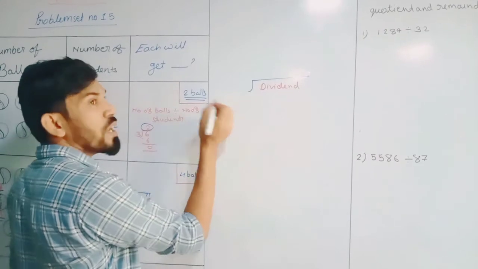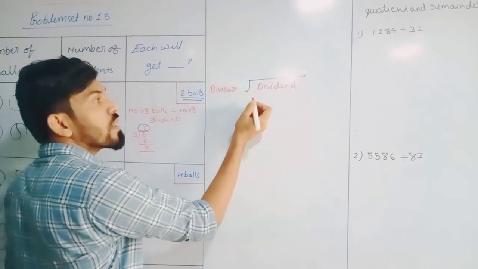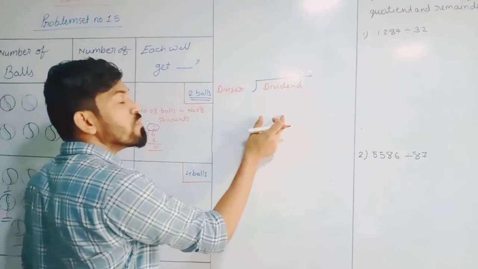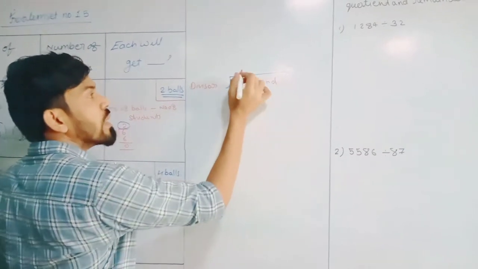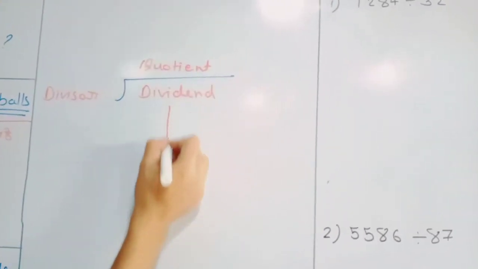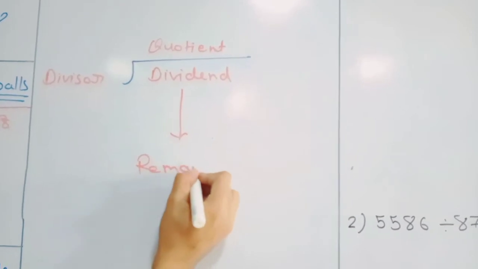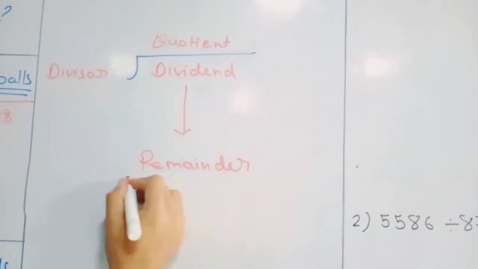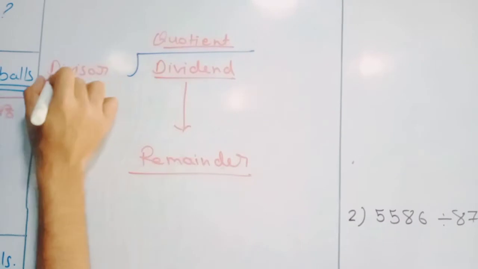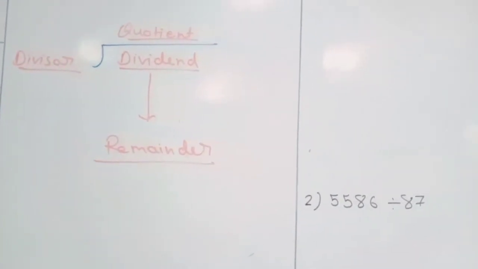The number by which we are dividing is the divisor. How many times we are reading the table, that is the quotient. And at the last, whatever we are getting is the remainder. So these are 4 important things that we have to learn for divisions.